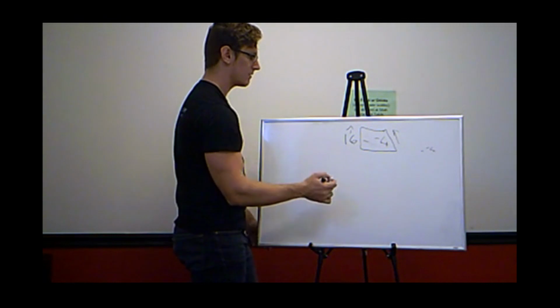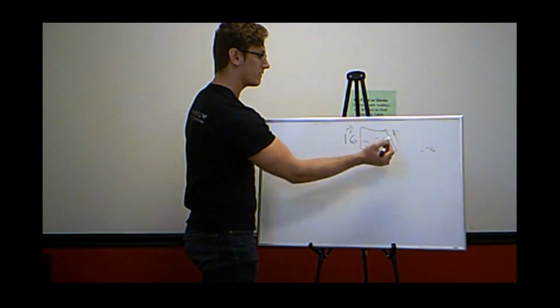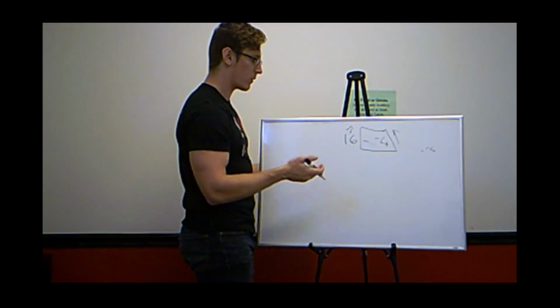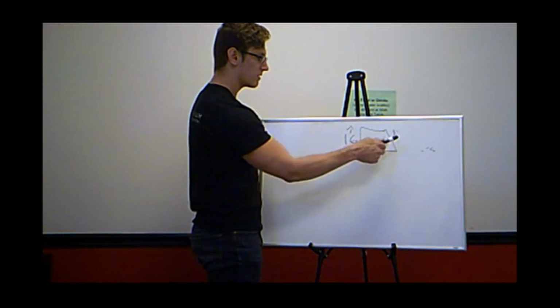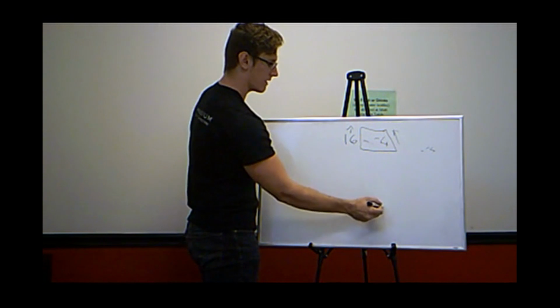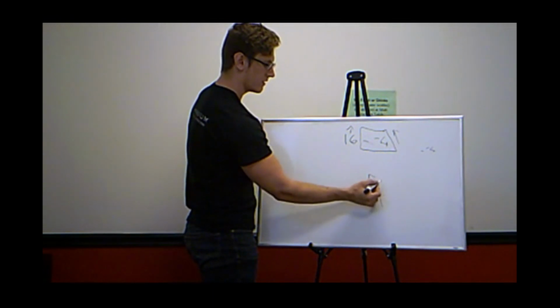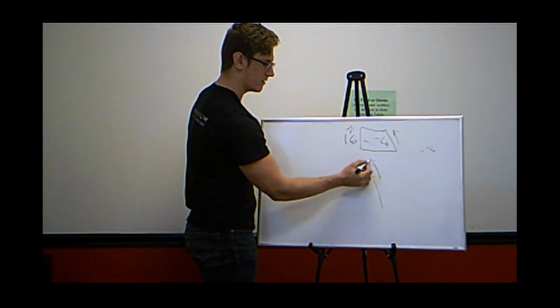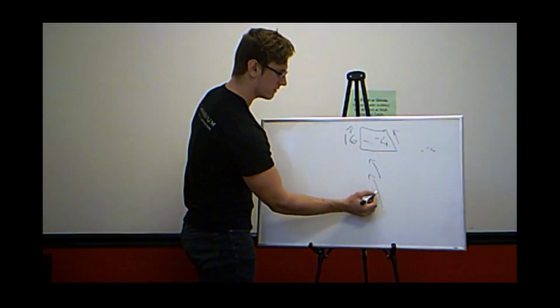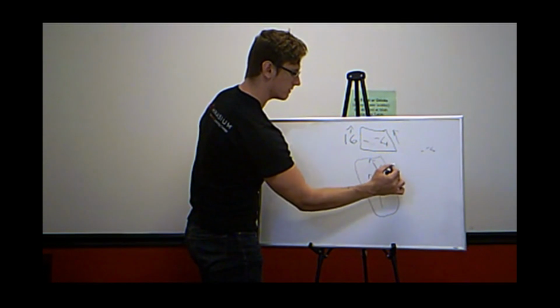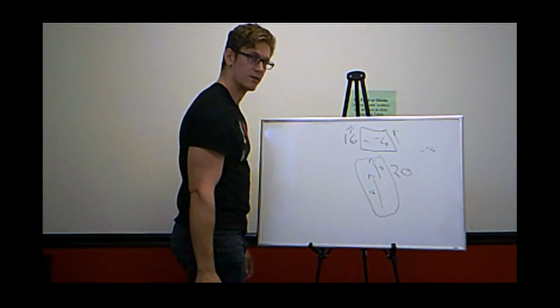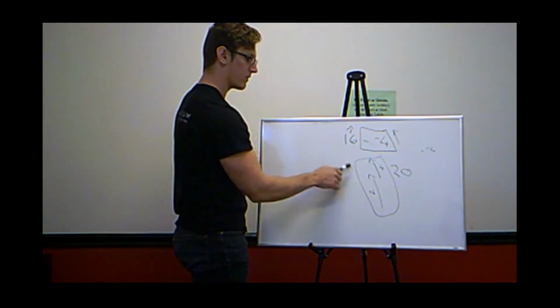So if we look at these, we have two increasing values. Do they work together, or do they work against each other? Well, in this case, they're both increasing. So we have an increase of 16, and then a further increase of 4. So our total value is 20. And it's positive because we're increasing.